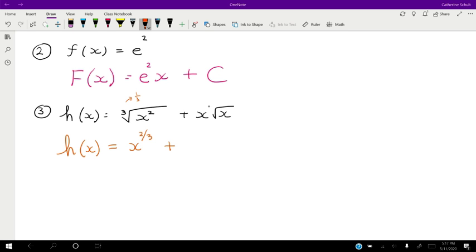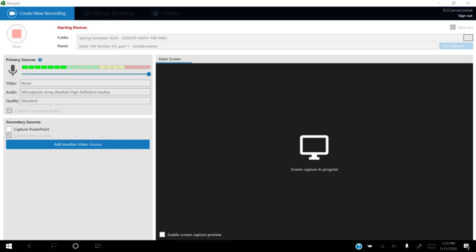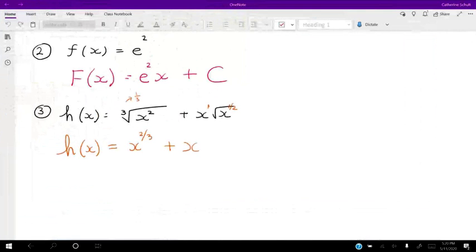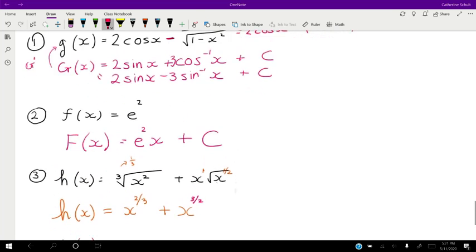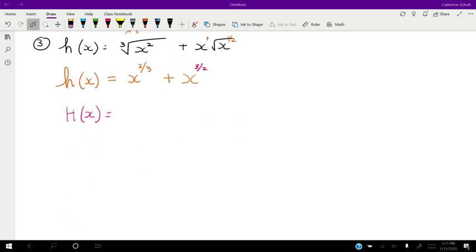And now for this, I would add the exponents, 1 plus 1/2, because we're multiplying. 1 plus 1/2 is 3/2. So now we can take the antiderivative a little bit more clearly. It's going to be the same process even though they're fractions.